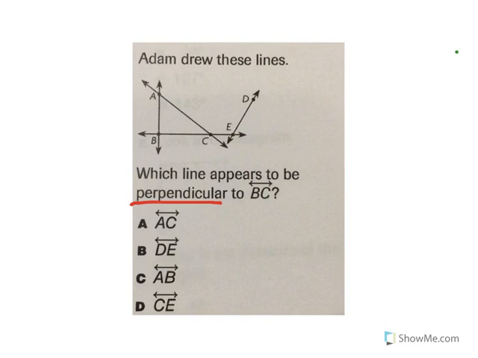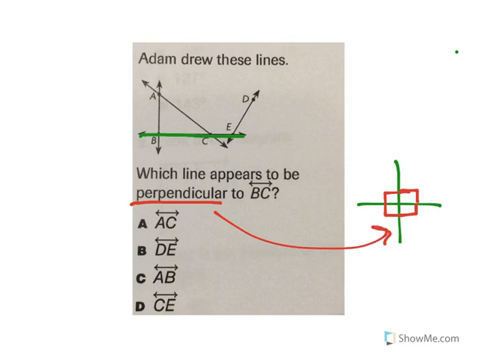To solve this, first I'm going to find line BC, which is right here. Then I'm going to think about what perpendicular means. Perpendicular is when two lines intersect and have right angles. So you could make a square. That would be perpendicular.